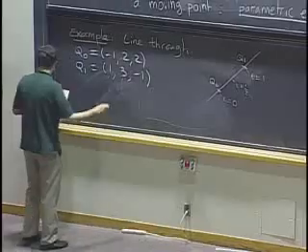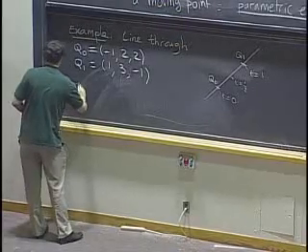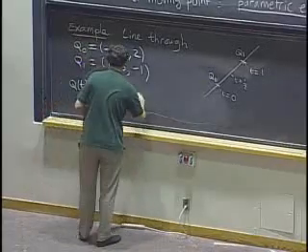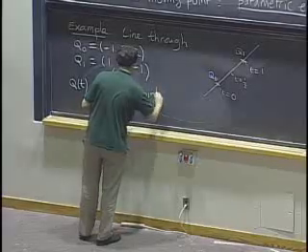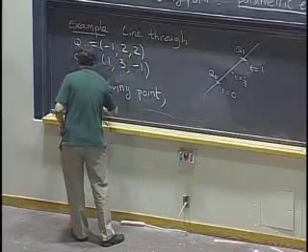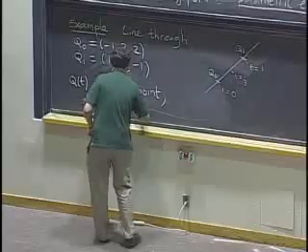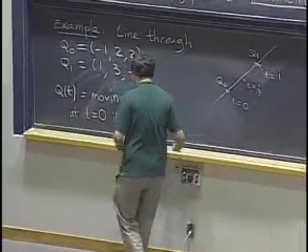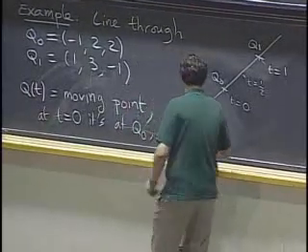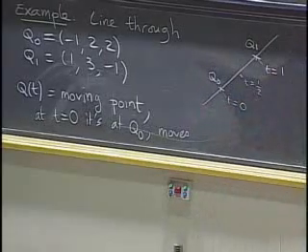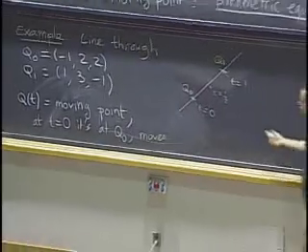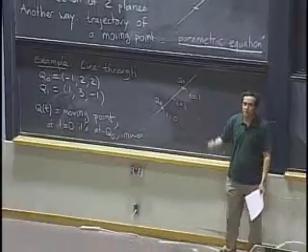So let's say q of t is a moving point, and at t equals 0, it's at q0. And let's say that it moves. Well, we could make it move in any way we want, but probably the easiest to find. So our goal is going to be to find formulas for the position of this moving point in terms of t.